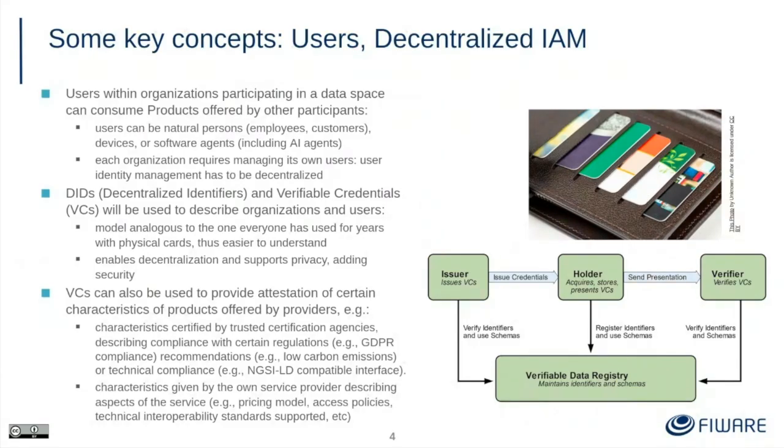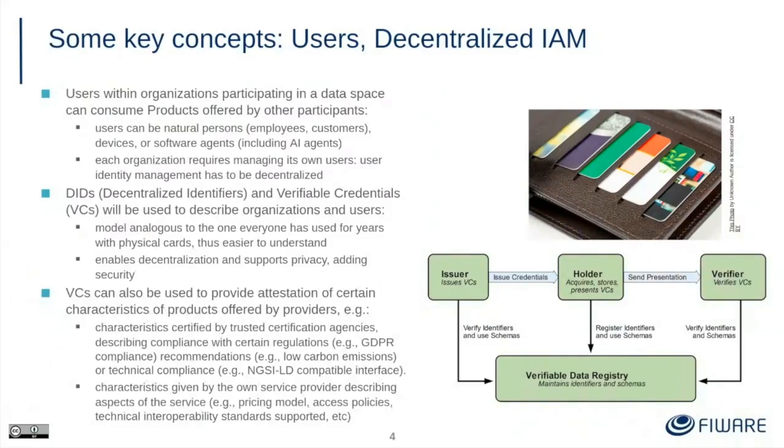So not the provider itself will guarantee that my product has this GDPR compliance, but it can provide a verifiable credential from a third party, like in the case of GDPR some public service that certifies that the product actually complies with GDPR. That brings an additional level of trust into the data space that you don't have without verifiable credentials.